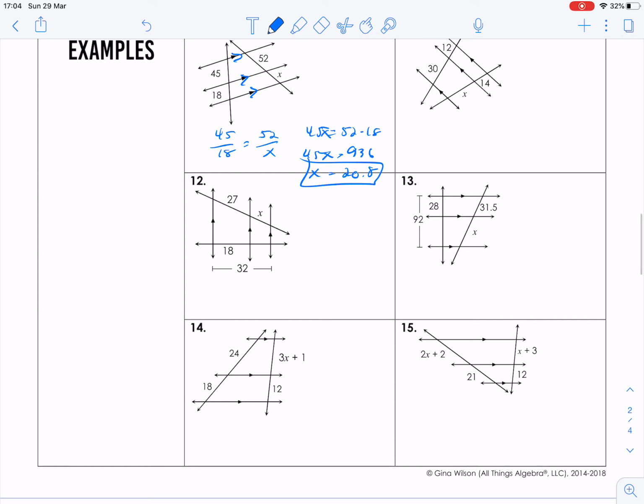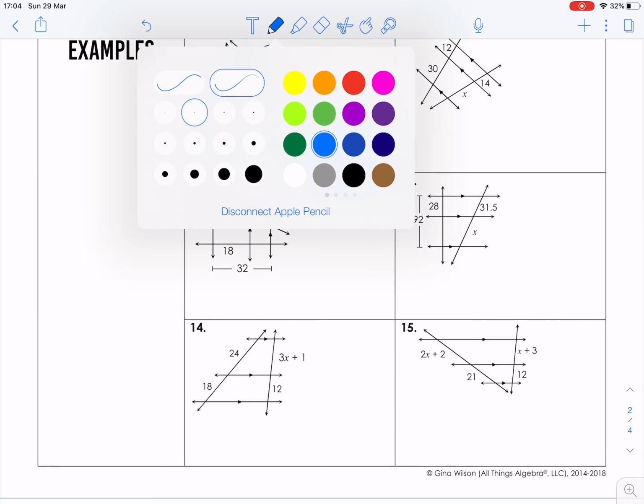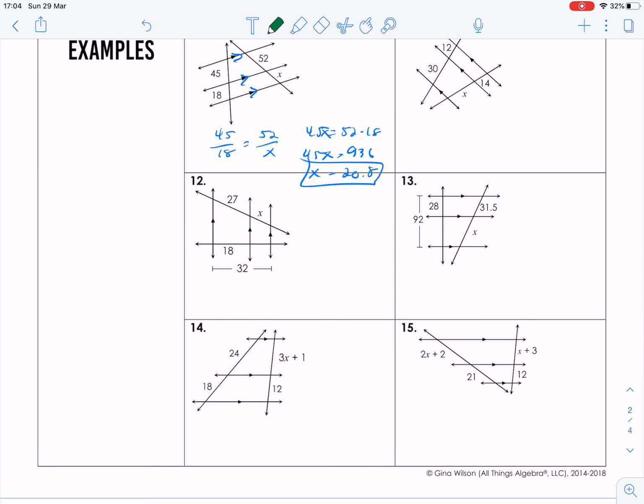Same thing for these. I'll just do the evens like before. So we know all three of these are parallel, which means x over 27 must equal whatever this is divided by 18. Since the whole thing's 32, 18 plus something's got to give me 32, so that must be 14.